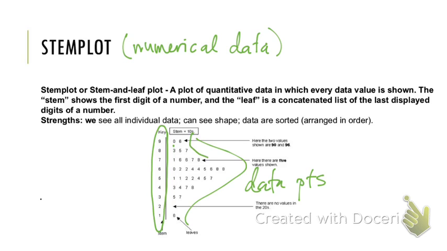You can read a shape from a stem and leaf plot by just tracing it. So this one would be like a bell shape. Kind of imagine turning it on its side. That's how you read the shape on a stem and leaf plot. So if it ever asks you for the shape, it's like turning it on its side.